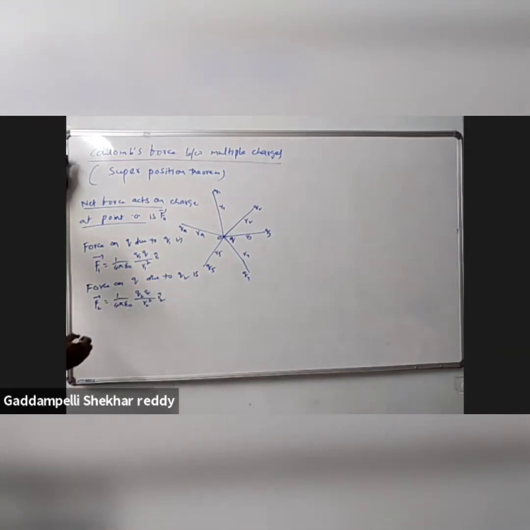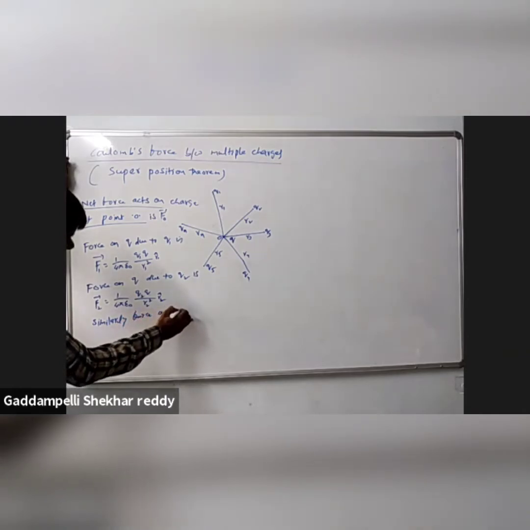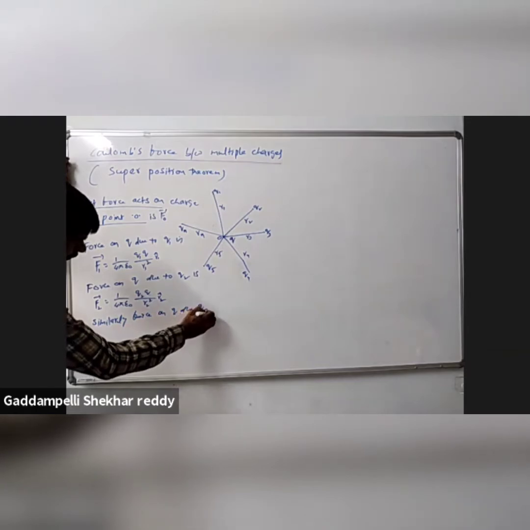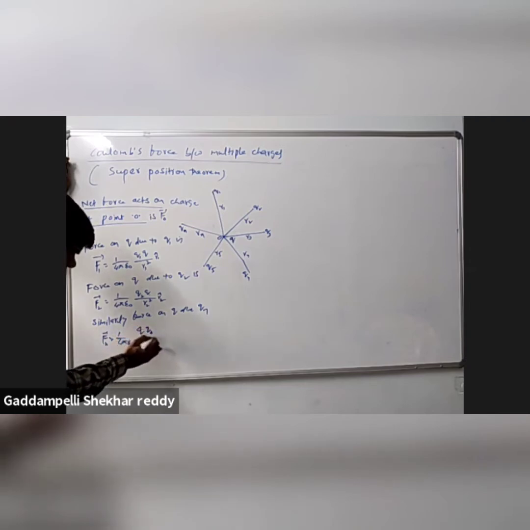Now similarly, the force on Q due to Qn is 1 by 4 pi epsilon naught, Q Qn by Rn square, Rn cap.